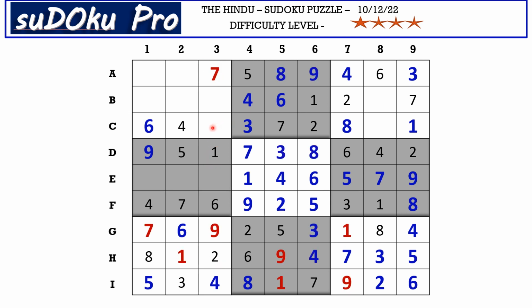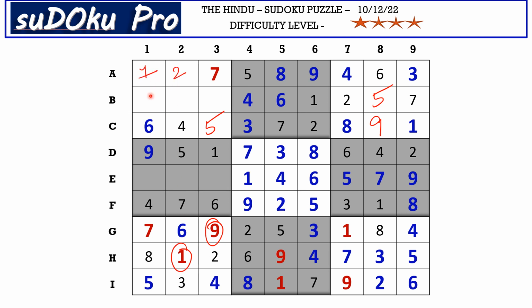In C row we miss 5 and 9. Now this 9 blocks here, so C3 takes 5 and C8 takes 9 and B8 takes 5. Now in A row we miss 1 and 2. There is 1 blocking from column 2. So A2 takes 2 and A1 takes 1.